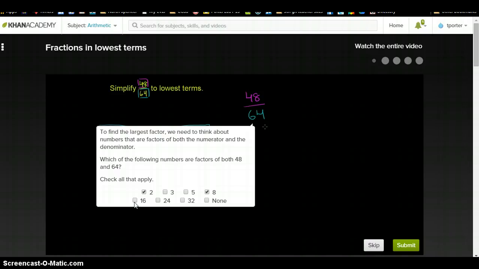How many 16s are there in 48? What'd you come up with? 48 divided by 16 is 3. Okay, what about 64 and 16? Is there a number you can multiply 16 by to get exactly to 64?